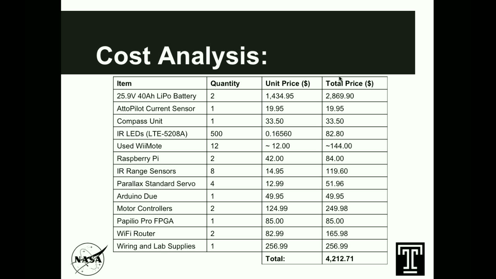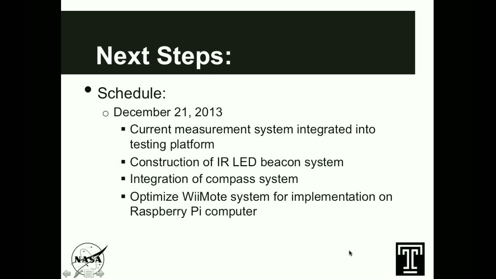This is the least expensive computer system that's been used on a Temple University Lunabotics project in the past 2 years. So we've got some really high hopes for the Raspberry Pi system, and it's been very cost effective thus far. We are coming in at a little over $4,000 right now on our overall budget.